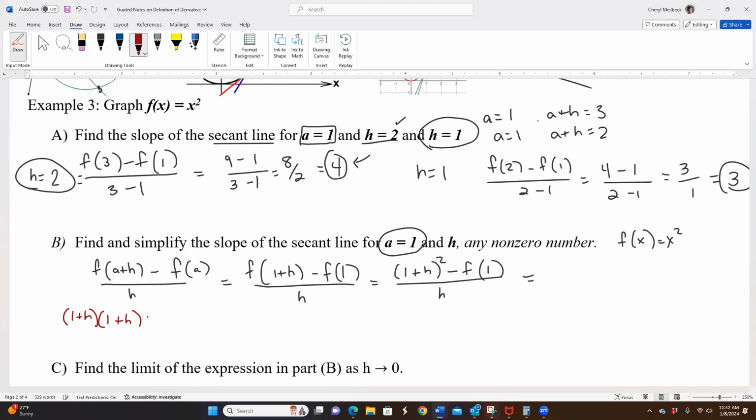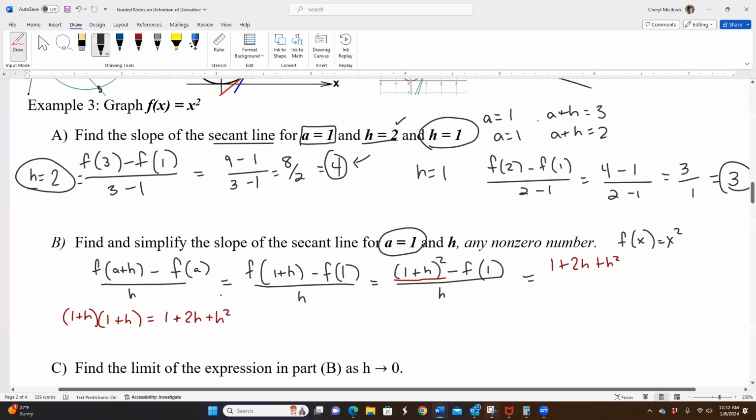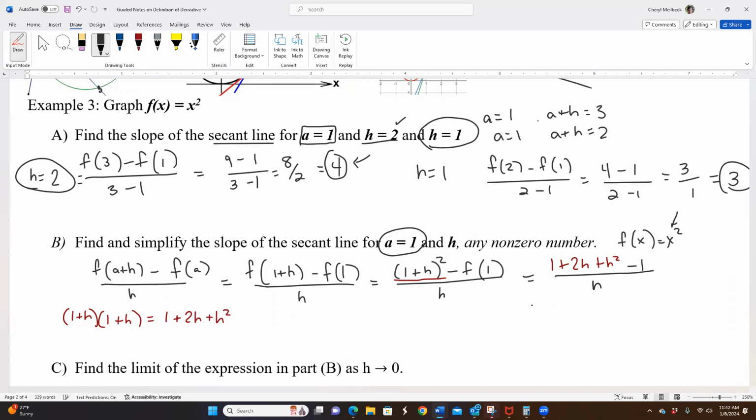If you multiply that out, you're going to get 1 plus 2h plus h squared when you simplify it. So this part right here will equal 1 plus 2h plus h squared. From that, we'll subtract f of 1, which is just, if we substitute a 1 in, we get 1 squared. And then that is over h.